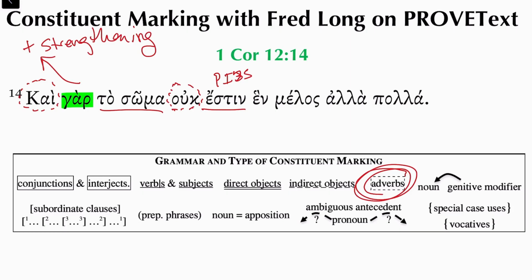So you get the subject, to soma, and then you have the predicate nominative, hen melos. Hen melos, hen is an adjective. Adjectives are marked with what they belong to. There's no special marking for adjectives. They're marked with what they're modifying, or if they're functioning like a noun, a substantive. There's a substantive position of the adjective.